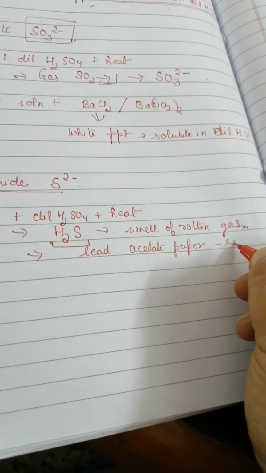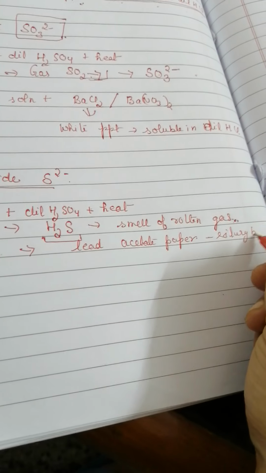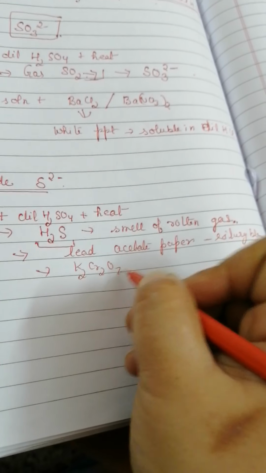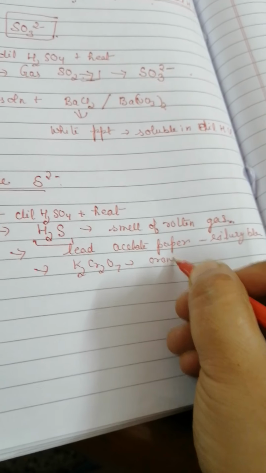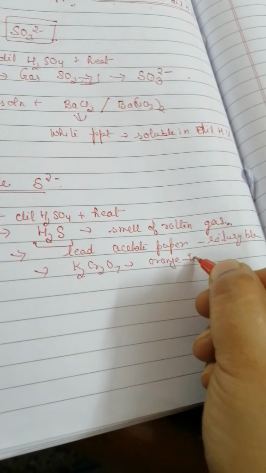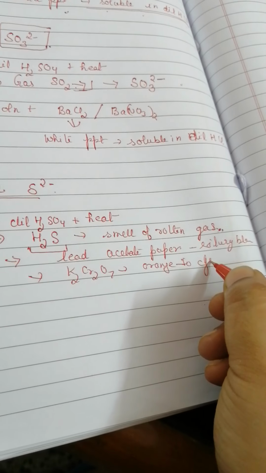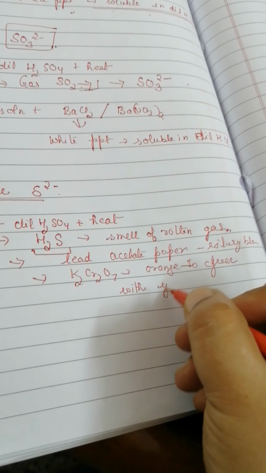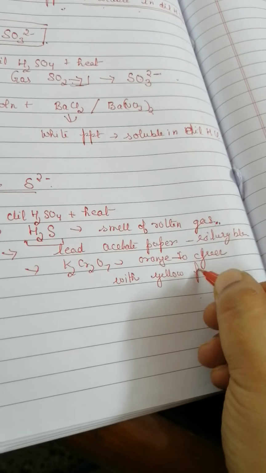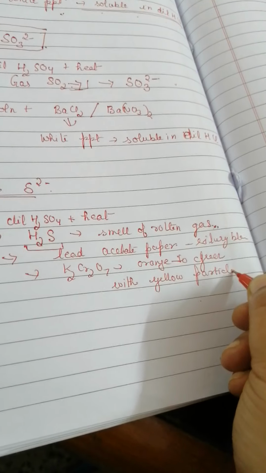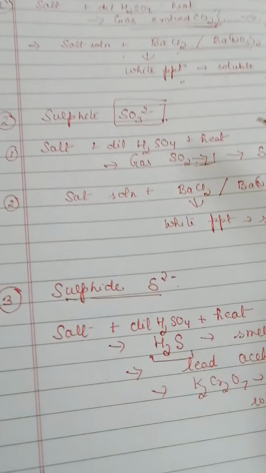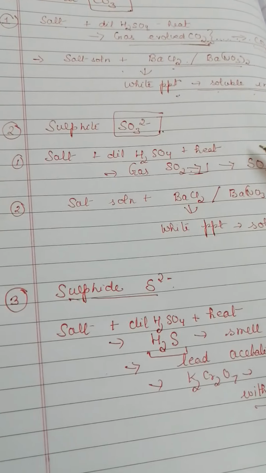It turns lead acetate paper silvery black and turns acidified K2Cr2O7 from orange to not clear green, only green with yellow particles of sulfur. So this is the observation for this. So we have done 3 radicals just now. We'll be doing the rest in the next video.